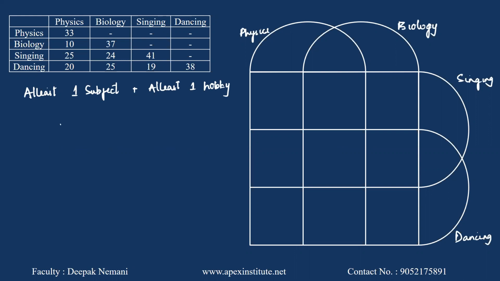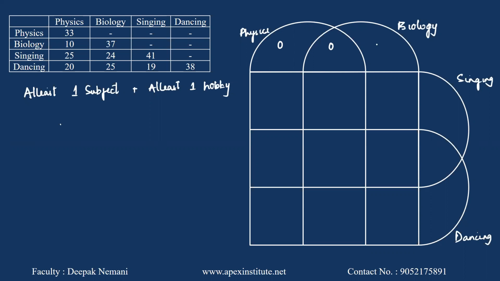The reason being, they should be teaching at least one subject and they will have at least one hobby out of singing and dancing. So you cannot have any teacher who teaches only physics, because they need to teach one subject and also they need to have a hobby, either singing or dancing. So you cannot have teachers who teach both physics and biology because they need to have a hobby.